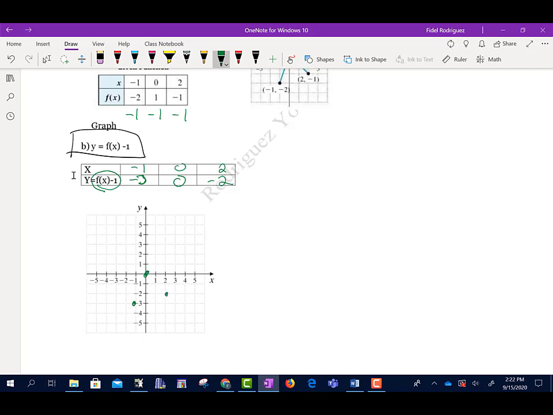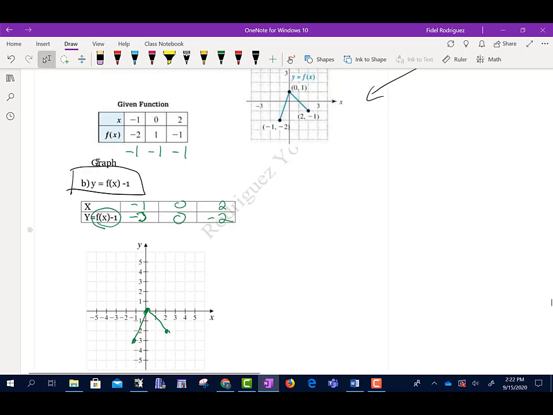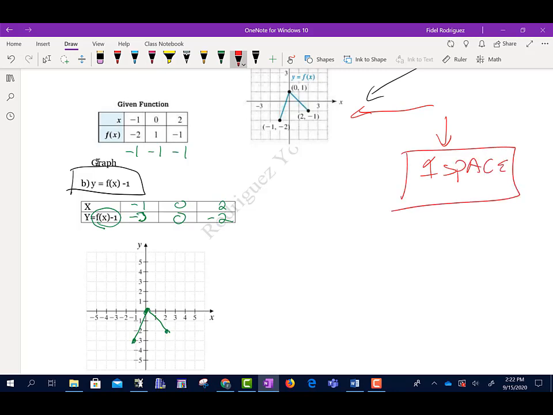And 2 and negative 2 is right here. And again, all we did is we took this original function and we brought it all down 1 space. Okay? That's all we're really doing there.